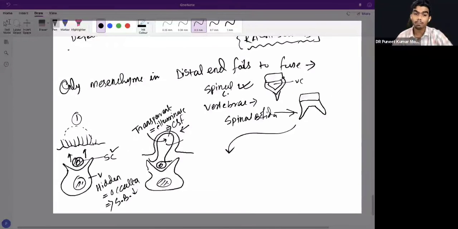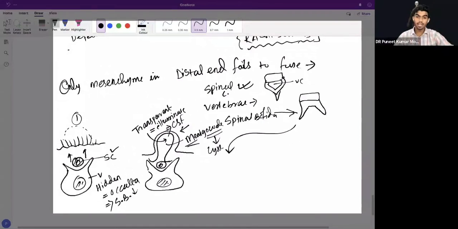Only CSF in a pouch. So this one is called spina bifida with meningocele. Cele word is used for the cyst, and meninges present means spina bifida meningocele.